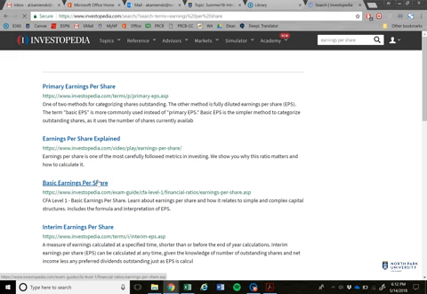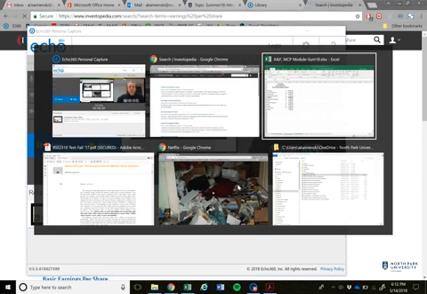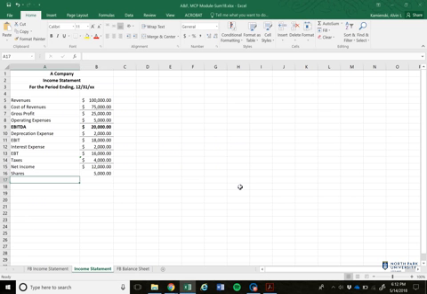So if we go and we find what that formula is, we're going to see that earnings per share is going to be equal to net income divided by shares. So our EPS would be equal to the amount of profit that each shareholder would have the ability to reclaim.